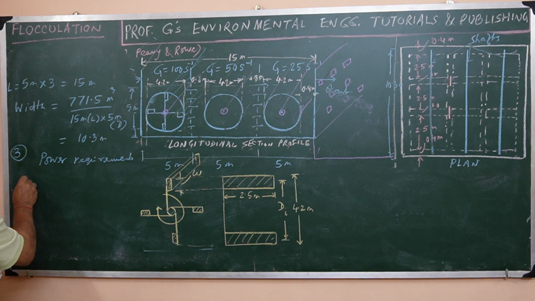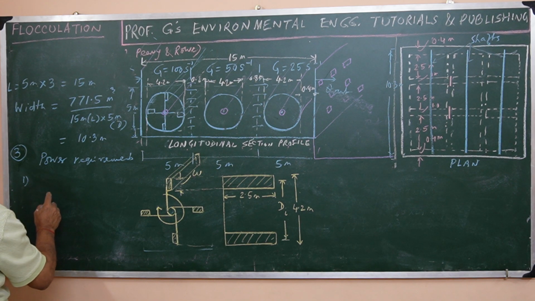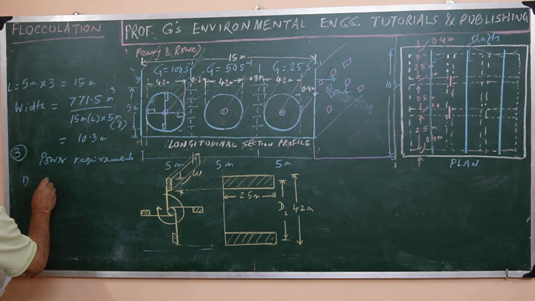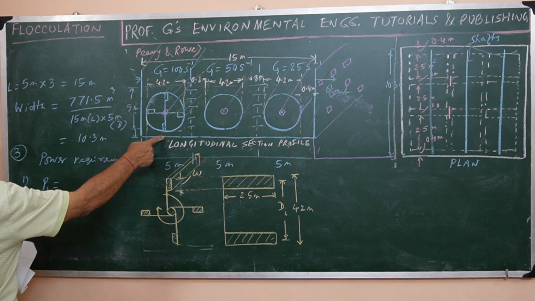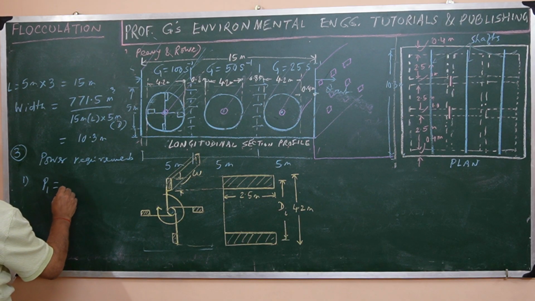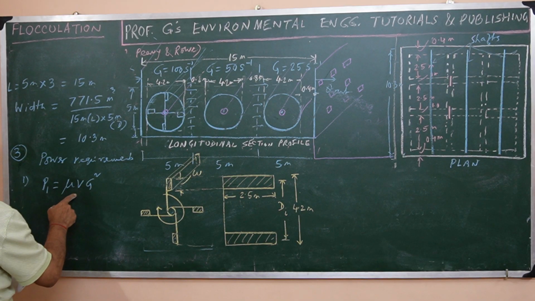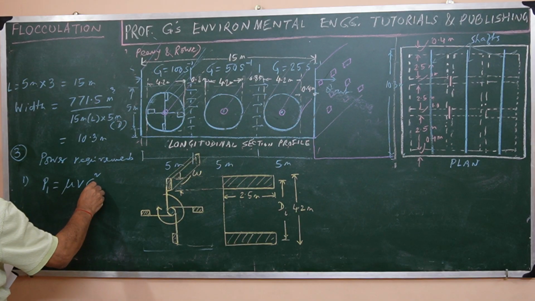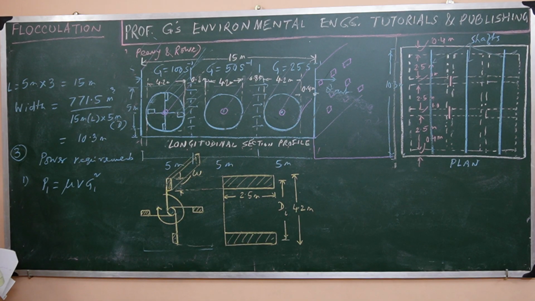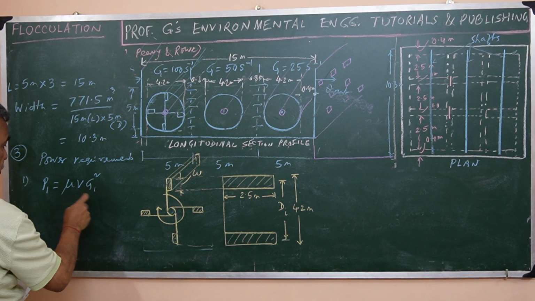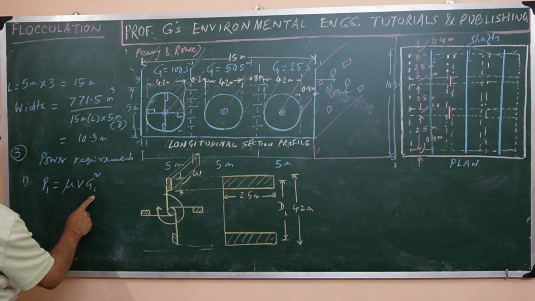Now here, the first one is that in the first compartment the power, say P1, the first power for this, is mu V G square. This is an equation we have already used in my last lecture for the rapid mixing unit design also, right?